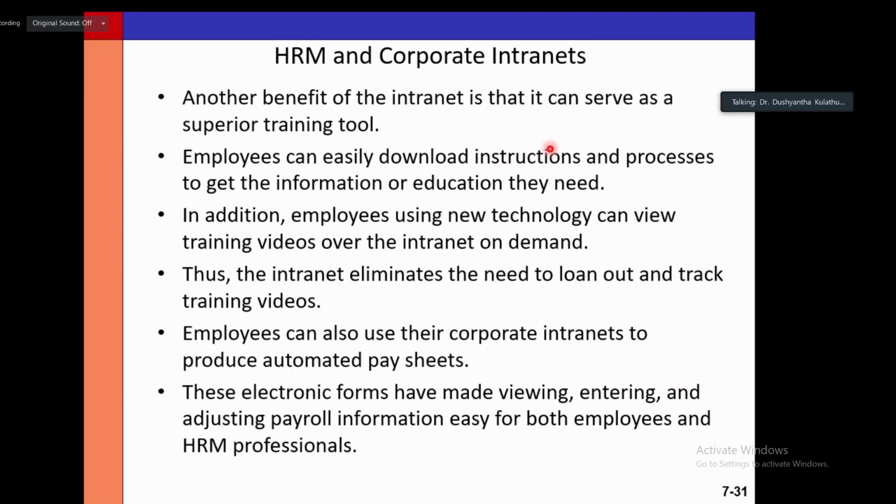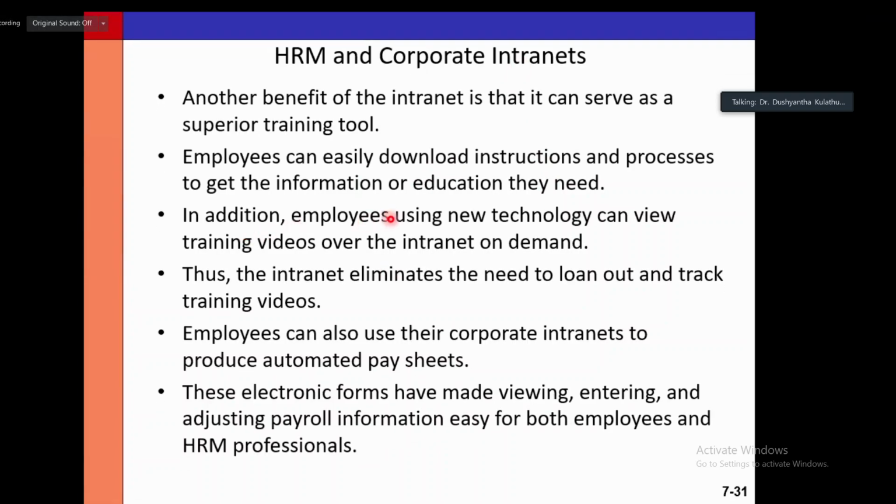The relevant instructions can be uploaded into the intranet, and then employees are in a position to download the particular information, go through it and self-study it. So that is one way of educating or providing training to the employees, and that can be accomplished through this integration.